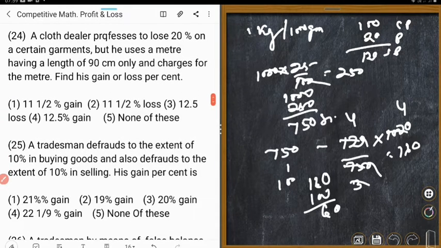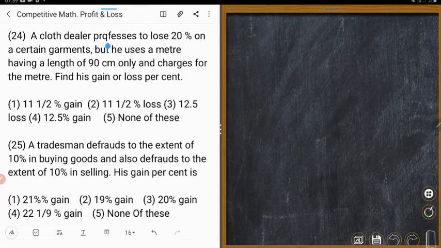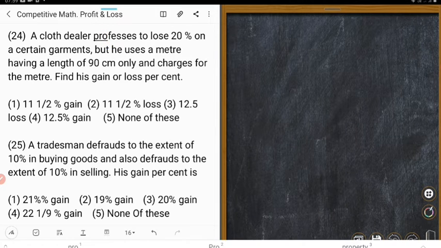Next one is how many number? 24. A cloth dealer professes to lose 20% on certain garments, but he uses a meter having a length of 90 cm only and charges for the meter.